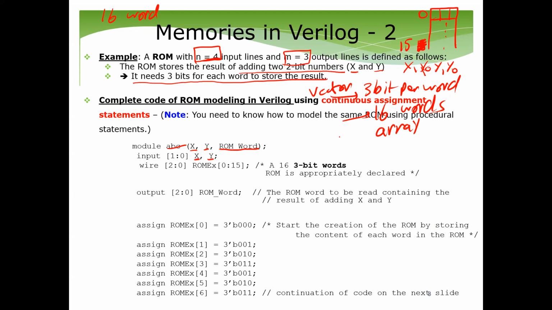Each vector is 3 bits. How to do it? I'll write wire 2 to 0. Let's call it ROM EX. I have no idea why. What does ROM EX mean? Maybe it means ROM example. So just name it anything. And then how many elements do you want? I want 16 elements. So I'll go from 0 to 15.